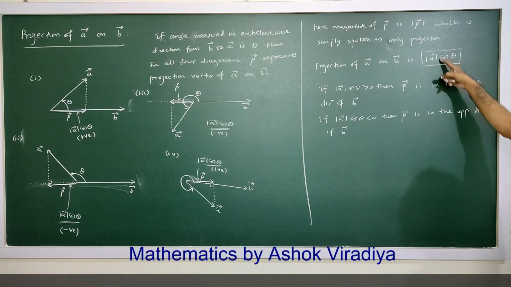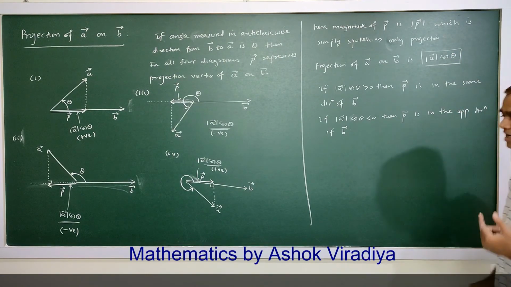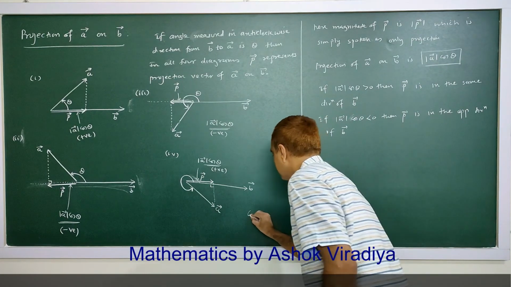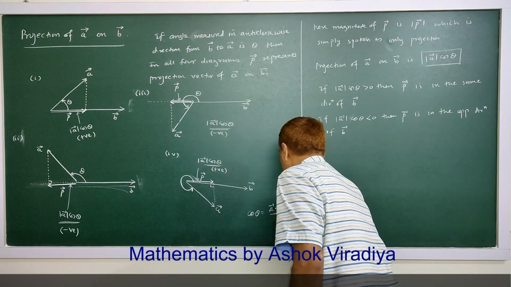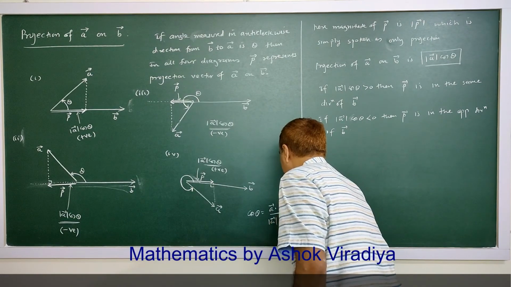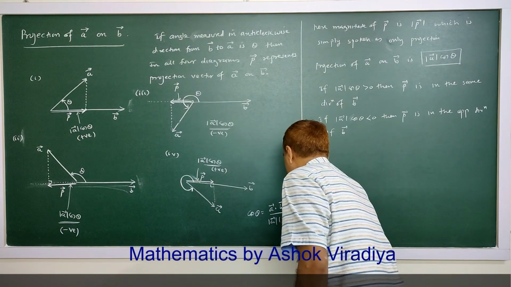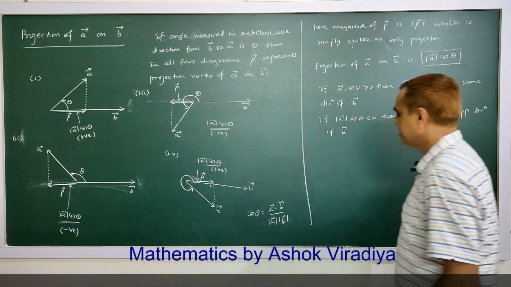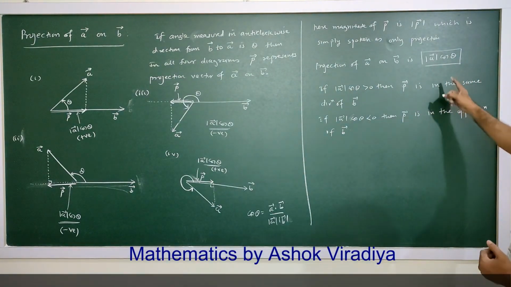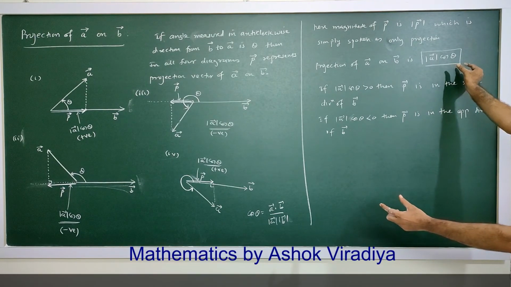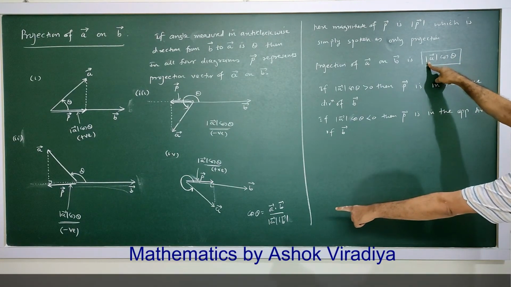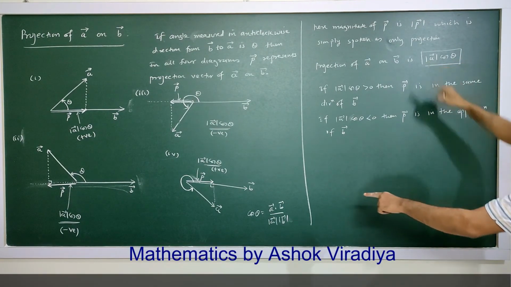Now if we put in the formula for cos theta, cos theta is A bar dot B bar upon magnitude A magnitude B. If I replace this value, magnitude A will be cancelled. So what will be left?